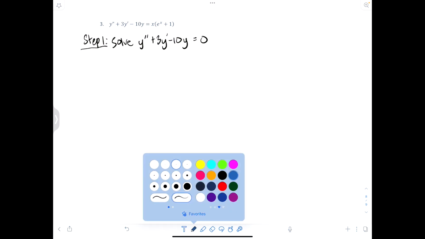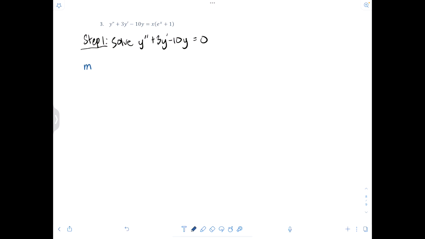So going back to our trusty m's, m squared plus 3m minus 10 is 0. It turns out this factors: we'll have an m and an m, and then 5 and 2 have a product of 10, and they're going to have different signs, so their difference is 3.